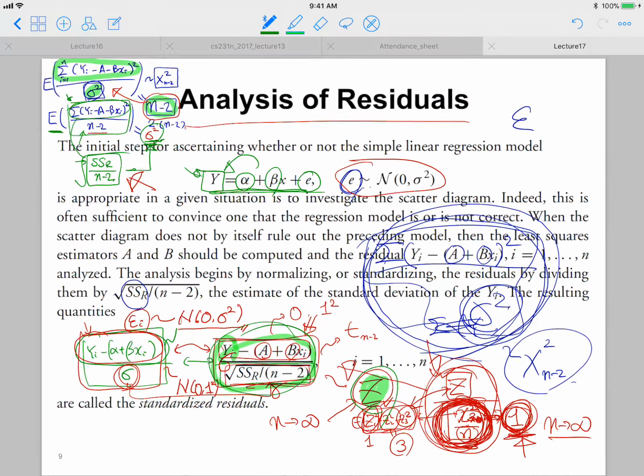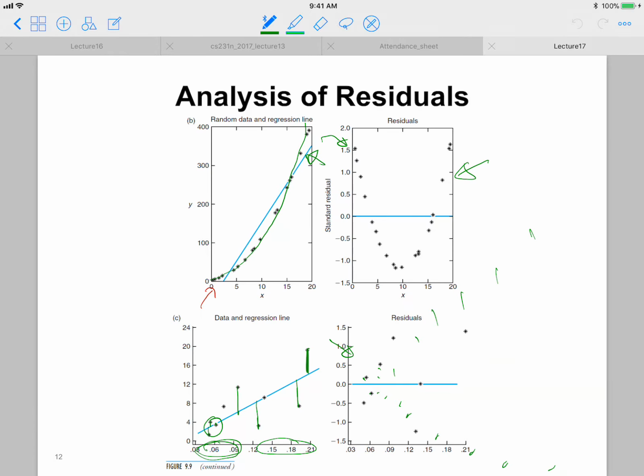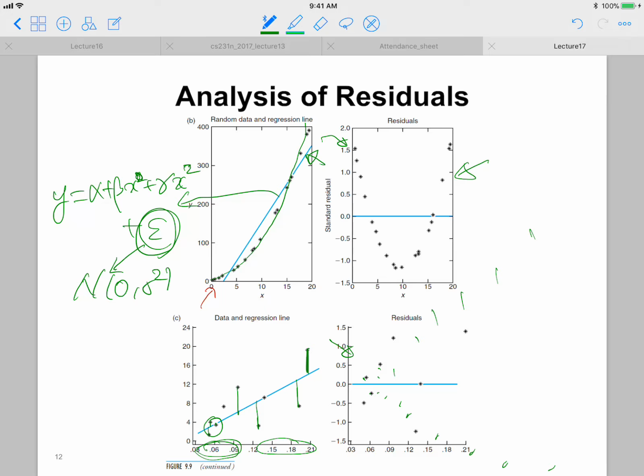Okay, so in this case, with this curvature kind of shape, y is actually a quadratic expression with maybe some error. This error can still be modeled as a zero mean Gaussian random variable.